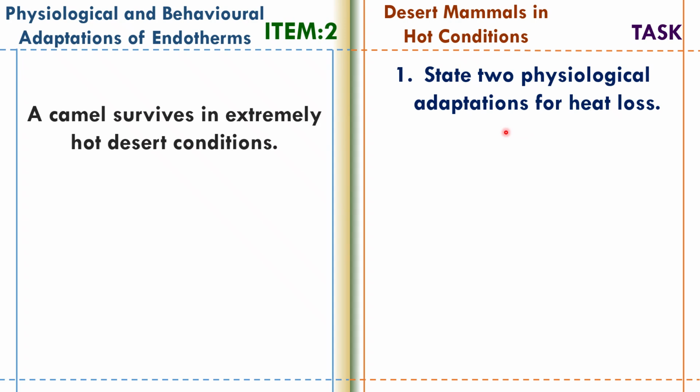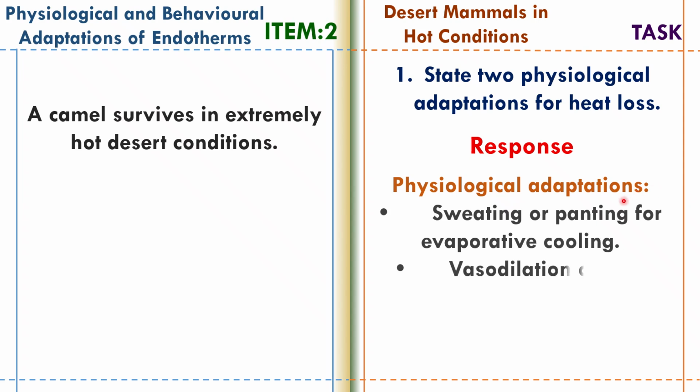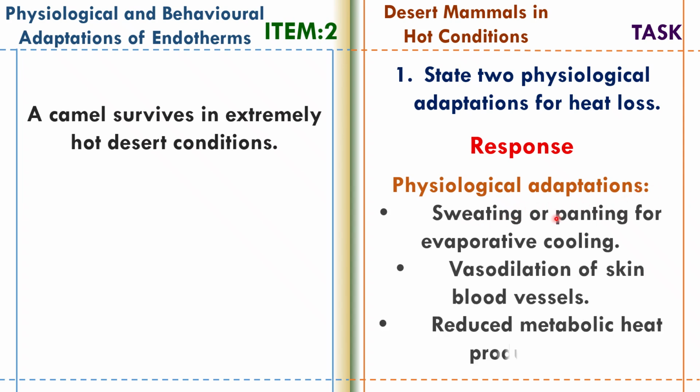State 2 physiological adaptations for heat loss. Physiological adaptations include sweating or panting for evaporative cooling, vasodilation of skin blood vessels, and reduced metabolic heat production.